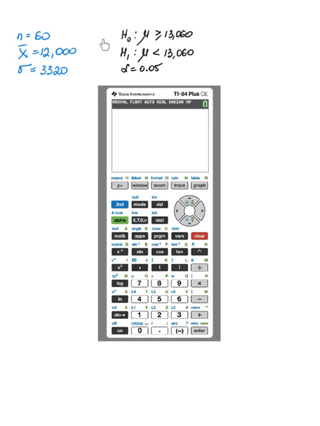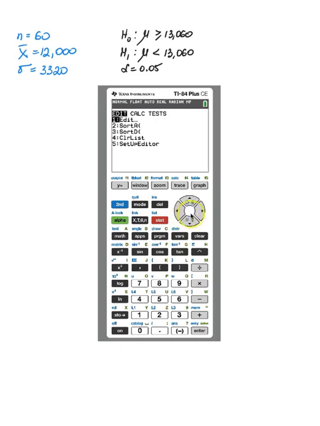Null hypothesis states that mu is greater than or equal to 13,060 miles. Alternative hypothesis, the claim we're trying to find evidence for, states that mu is less than 13,060 and alpha is 0.05.